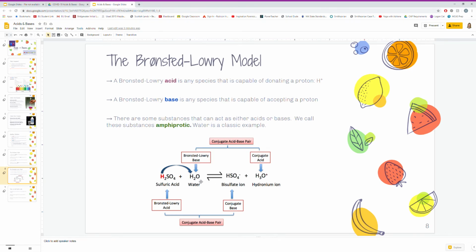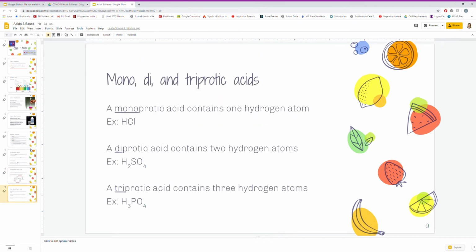And this one over here, we call hydronium, H3O+, another polyatomic ion, is water after it gained a proton and acted as a base. So ignore conjugate acid and conjugate base right now. We're going to talk about that probably next class, but I couldn't get a picture without it, so you're seeing it a little early.